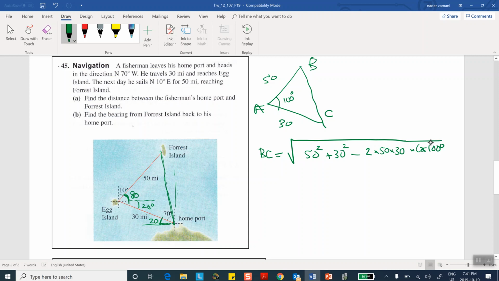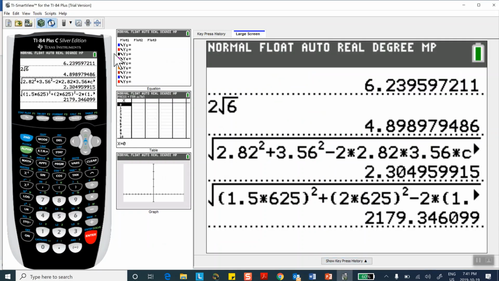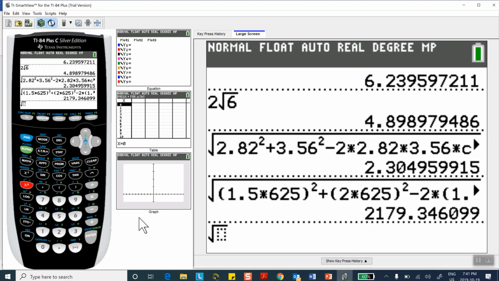Okay, so that goes into our calculator. Second function, square root.